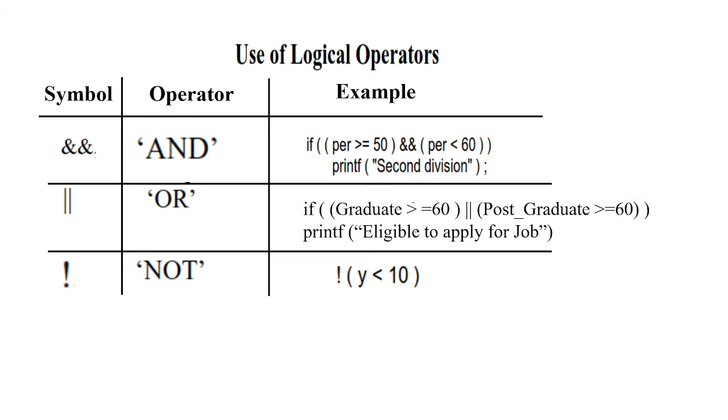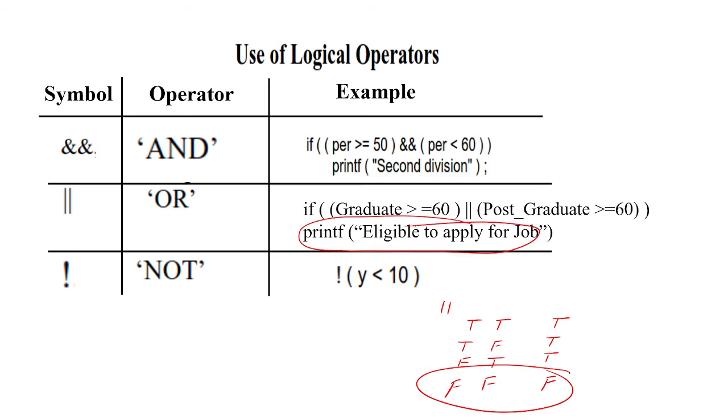So in case of the OR operator, if either of the conditions is true, it will be true. But if both conditions are false, it will be false, and in this case this will not work. In all other three cases it will print eligible to apply for a job. So in this way OR operator works.